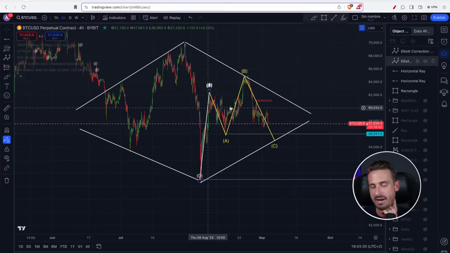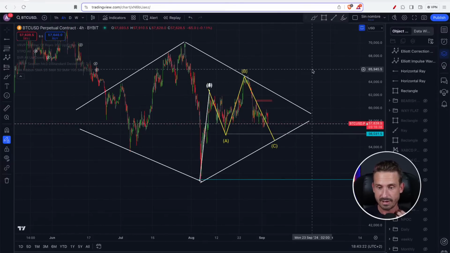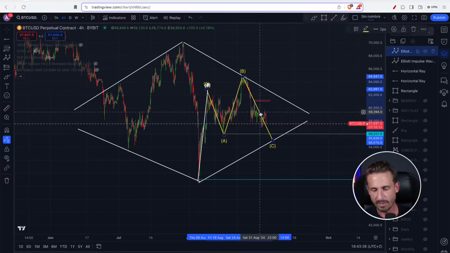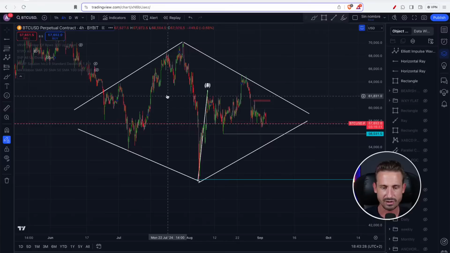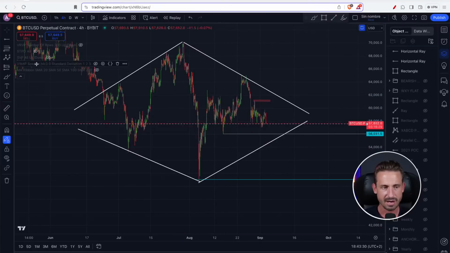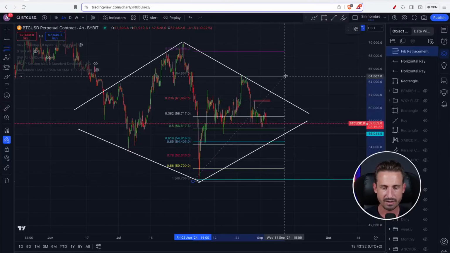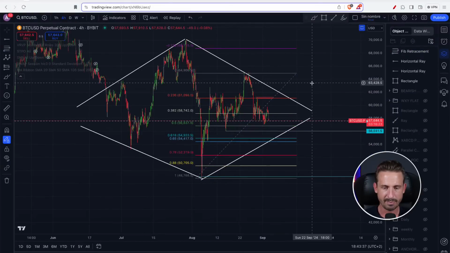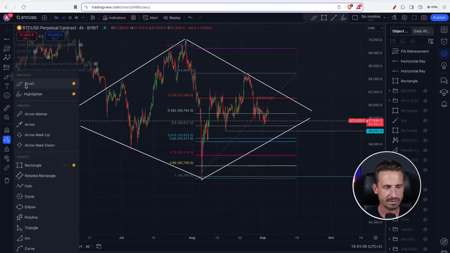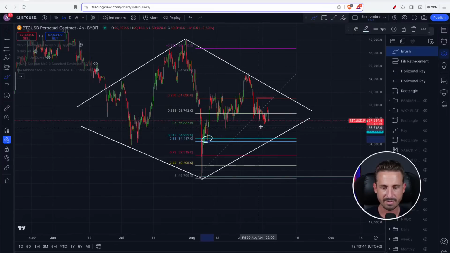So it's very unlikely to happen, but it is possible. It is possible you could form a diamond pattern here, and you could get a reaction at the 618 Fibonacci. Okay, it could happen. Come down to the 618 fib level, claim these lows.